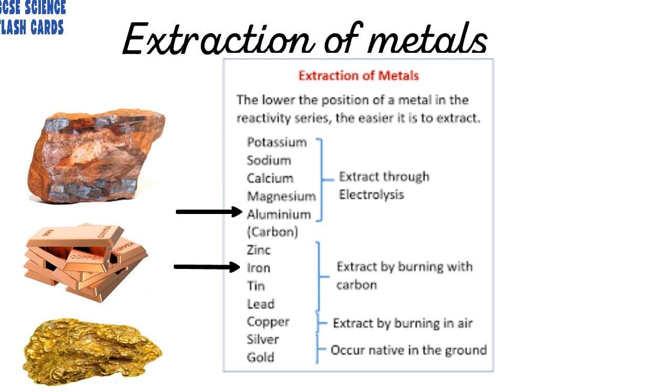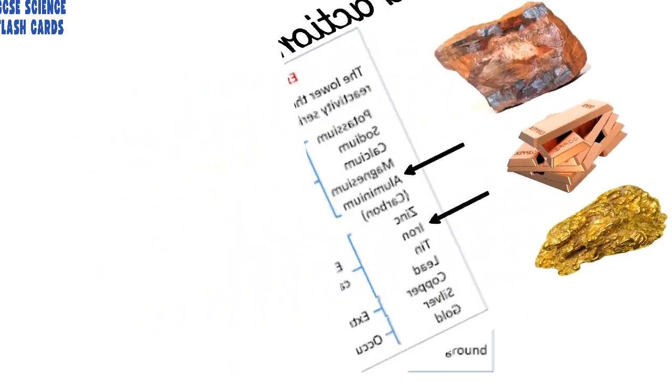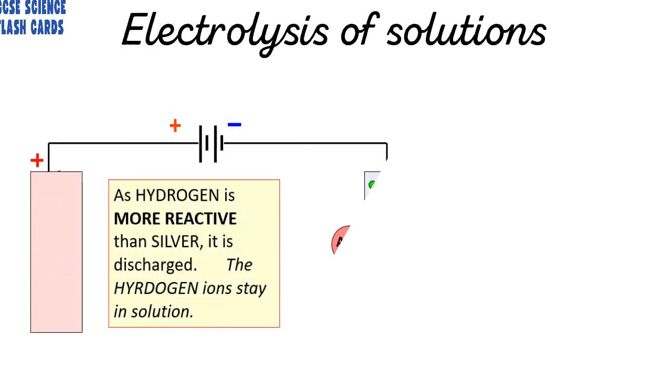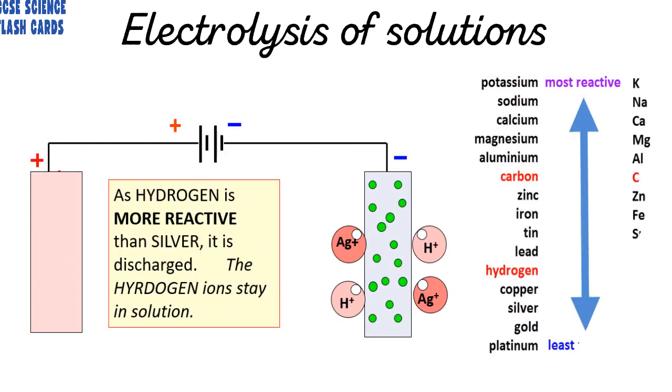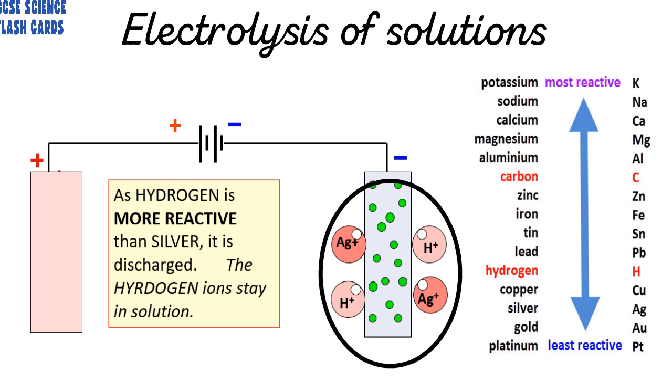Another place that we use the reactivity series in GCSE science is in the electrolysis of solutions when you're trying to predict which product is going to be formed at the cathode. Now in a solution, you know that water is present, so you have two ions at the cathode as opposed to one.